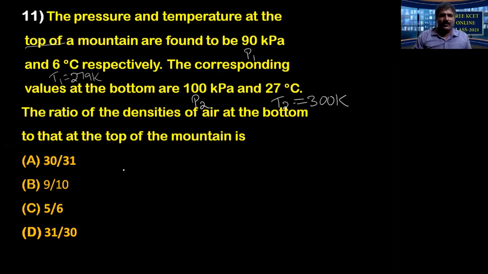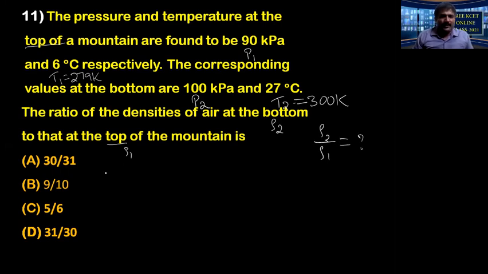So now what you have to do is get the density ratio. The density at the bottom is ρ2 and at the top is ρ1. So to get the ratio, ρ2 by ρ1 is required. ρ2 upon ρ1 is the required data.